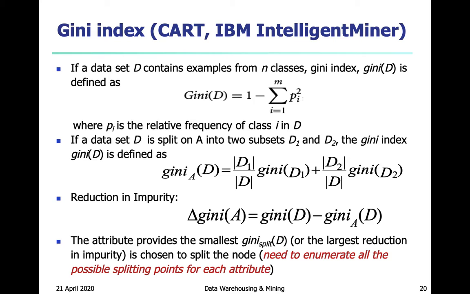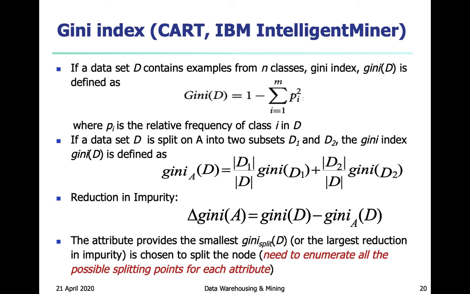This is 1 minus summation of pi squared, where i ranges from 1 to m. So pi is what? We have already discussed that pi is |Ci,D| divided by |D|. Pi is the probability that a tuple in D belongs to class Ci and is estimated by |Ci,D| divided by |D|. And the sum is computed over m classes.